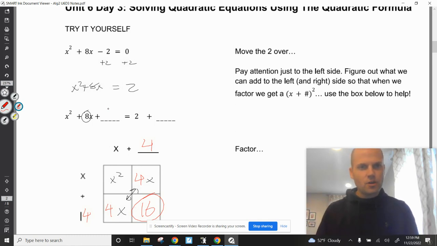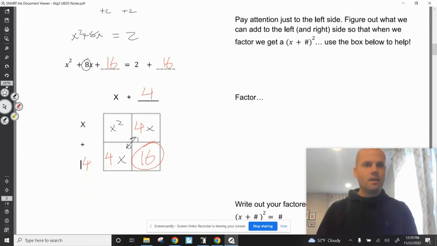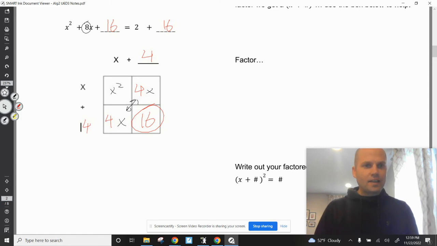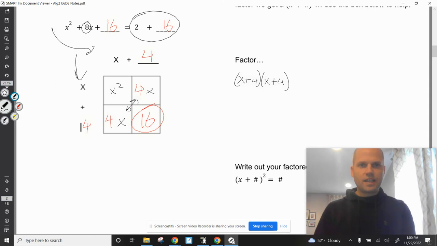This is me just showing you how I could figure it out and how it had been figured out by mathematicians what that number is going to be. Okay. And then we factor and we realize, oh, okay, this turns into x plus 4 times x plus 4. This on the right side is 18, but this is just x plus 4 squared.